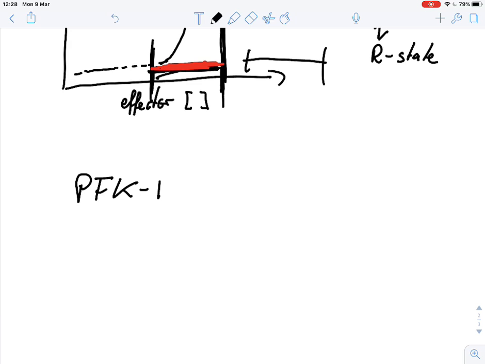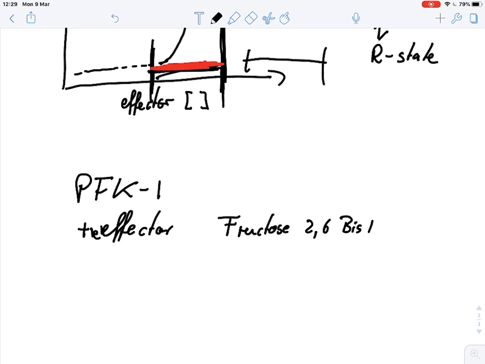How do we actively get this thing active? PFK1 has a positive effector. This one would be, in this case, a heterotropic effector. And this effector is, I better write that out. Fructose 2,6-bisphosphate, or F26BP.